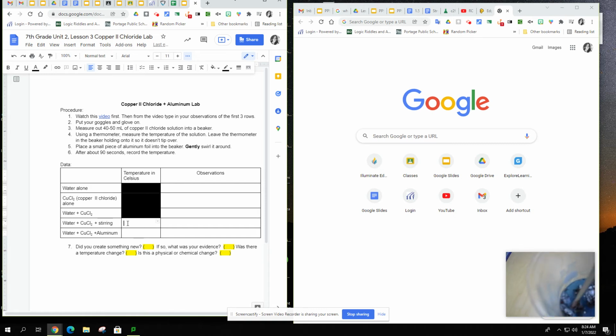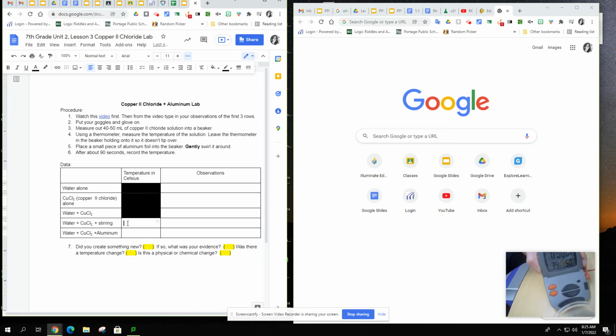The aluminum foil is starting to break apart. That's an observation you can type in there. Again, we're getting a few bubbles. The most noticeable change besides that black-brown substance is the temperature change. It is now at 38 degrees Celsius, 39 degrees Celsius.